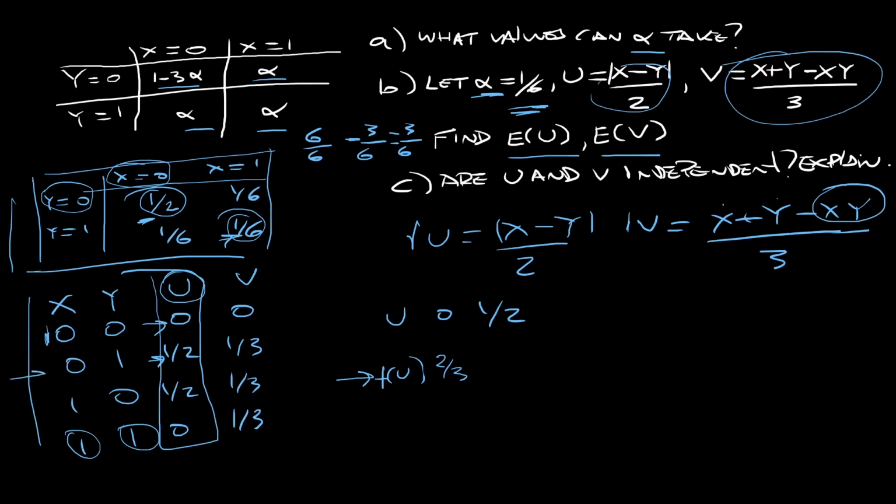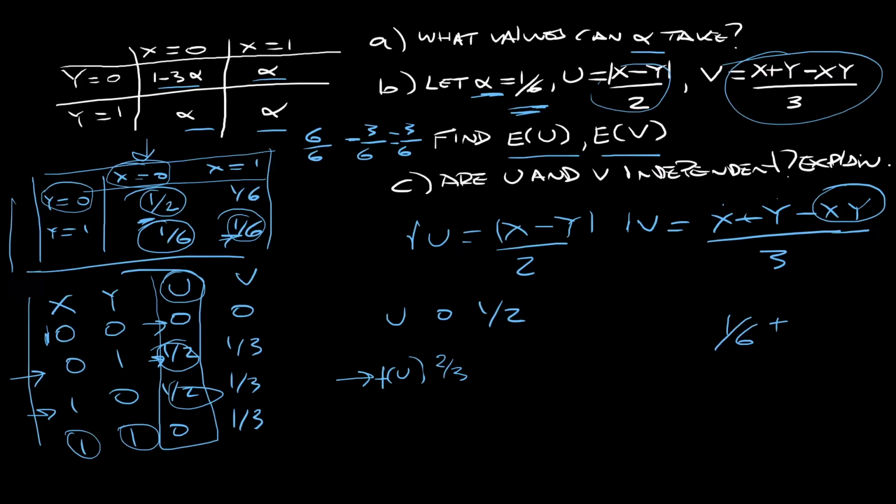So we have two entries here that correspond to the value of 1/2. It's the first one when x equals 0 and y equals 1. So it's this one, x equals 0, y equals 1. So it's 1/6. And now we have a second one when x equals 1 and y equals 0.